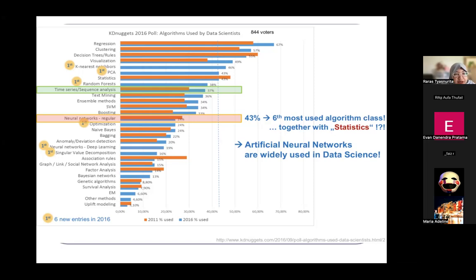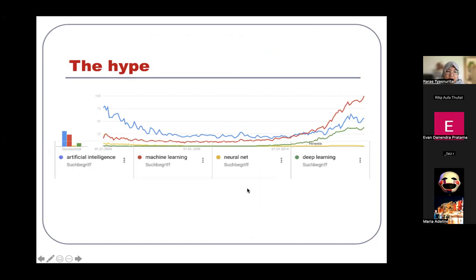So we have neural networks here, the regular one, and there is deep learning. That is the recent development in neural networks. So this is the hype from AI to machine learning to neural net, and now deep learning.